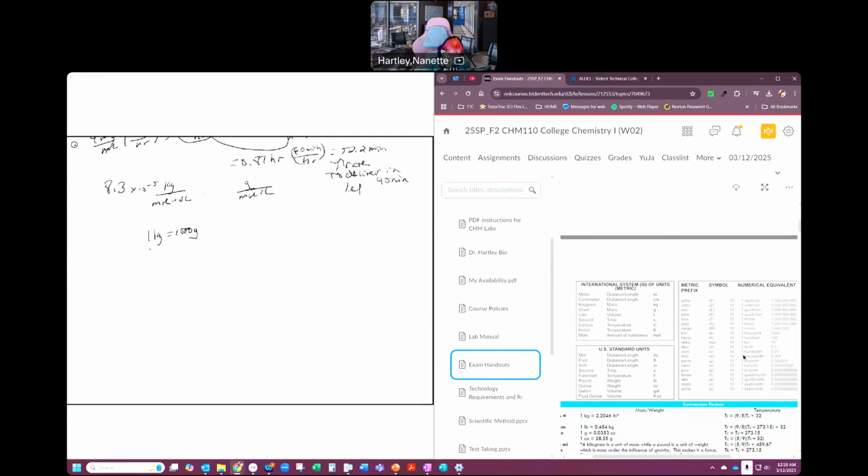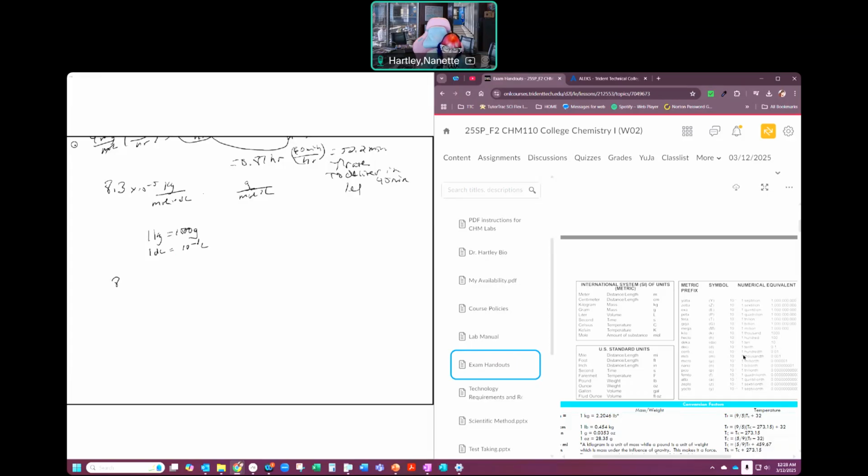Sorry. 1 deciliter equals 10 to the minus first liters. Okay, because that's the way it's more comfortable for me. So then I can use both of those conversion factors.